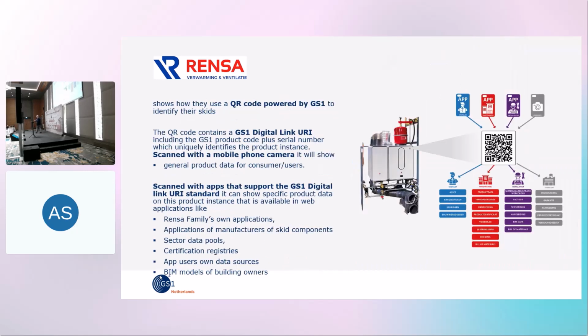So, in order to make this happen, Renza used the QR code powered by GS1. And that QR code contains a digital link that Shervin explained early on, but it's basically the domain name of the resources, the HTTPS protocol, to allow sources to either give you data or not give you data.